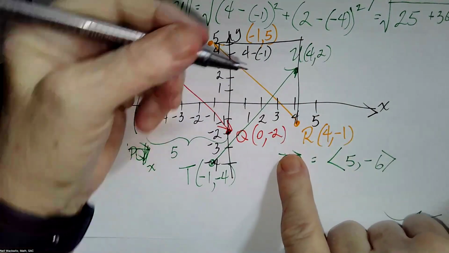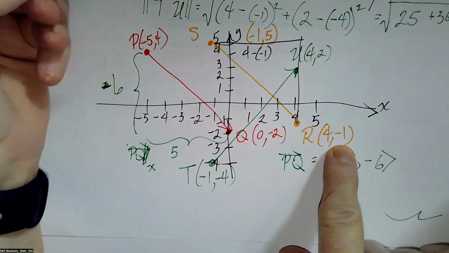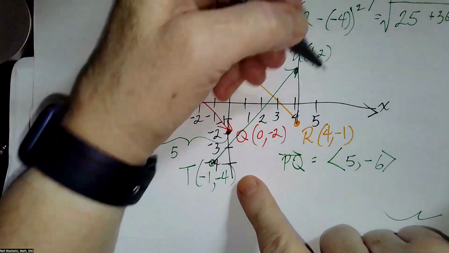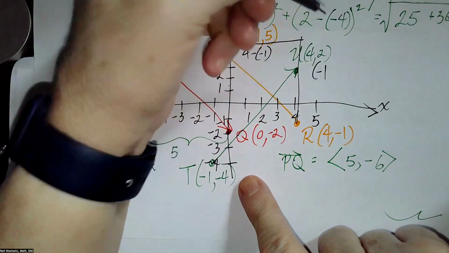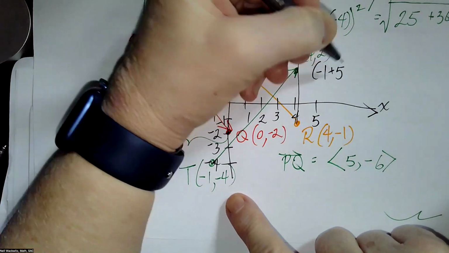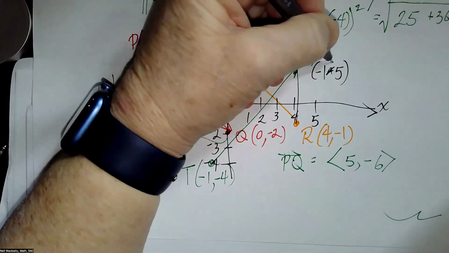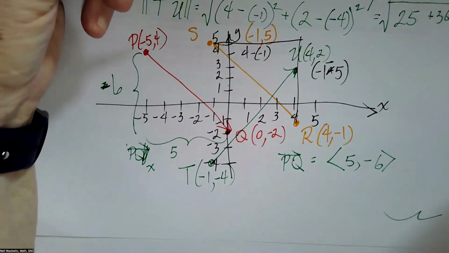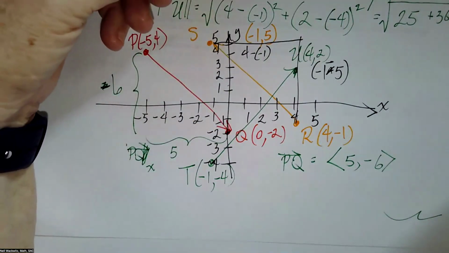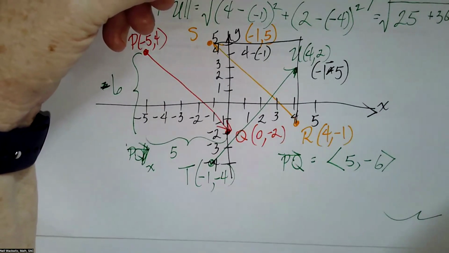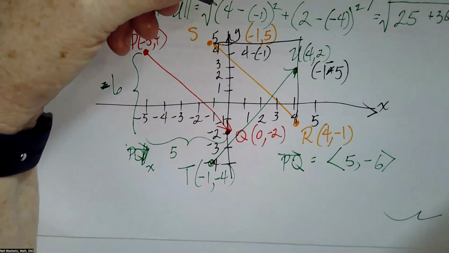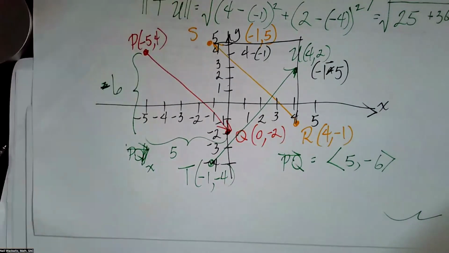And in the y direction, we start at -1 and we go up to 5, so minus 5 to get the distance.